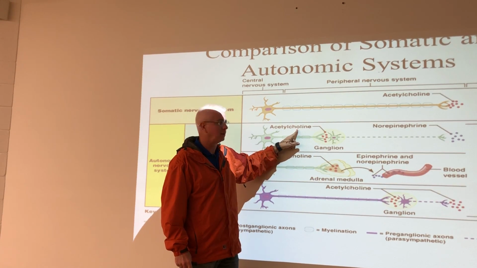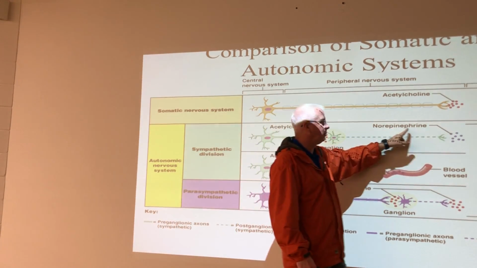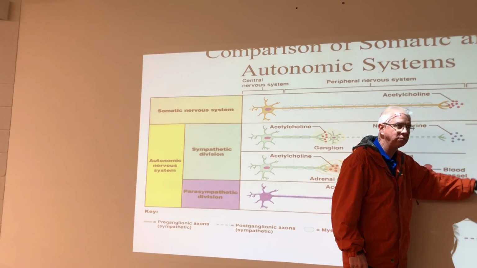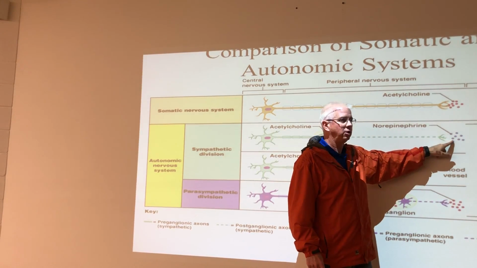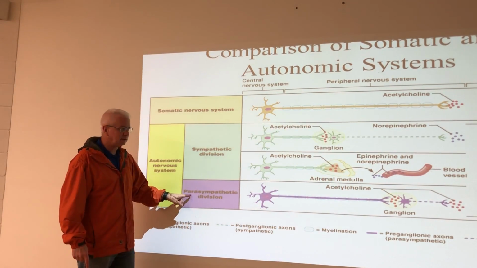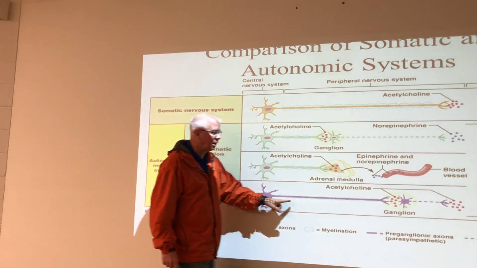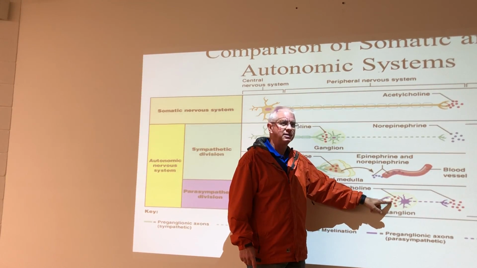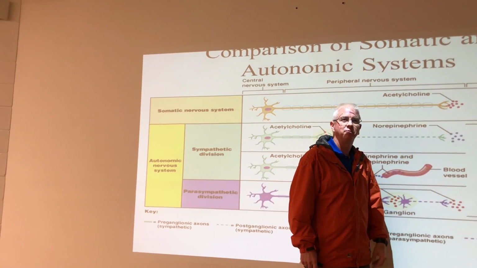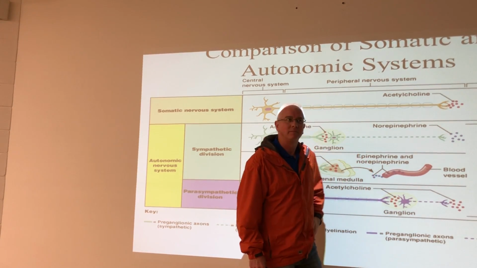Isn't that interesting? The neurotransmitter released post-ganglionic onto smooth muscle, cardiac muscle, and glands is norepinephrine. In the parasympathetic nervous system, the preganglionic cell now releases acetylcholine. Isn't that interesting? And the postganglionic cell then also releases acetylcholine.